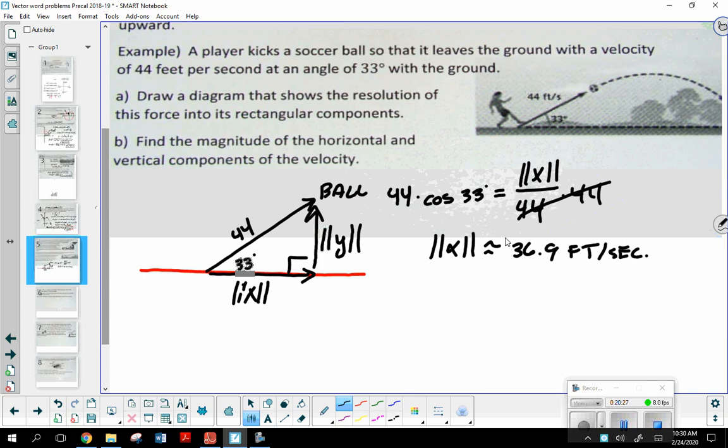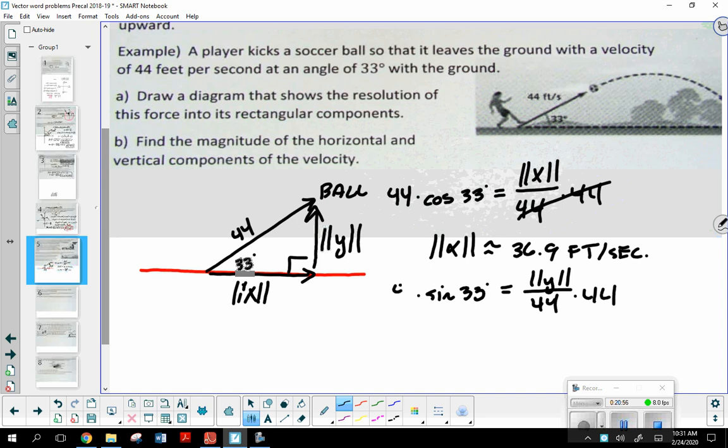Okay. Now, how high is the ball rising? How fast is that? What trig function can help me find the magnitude y? Okay, sine, yeah. So sine of 33 degrees should equal, well, we have the opposite, the magnitude of y, over the hypotenuse, again, the 44 feet per second, and then we'd solve it the exact same way.